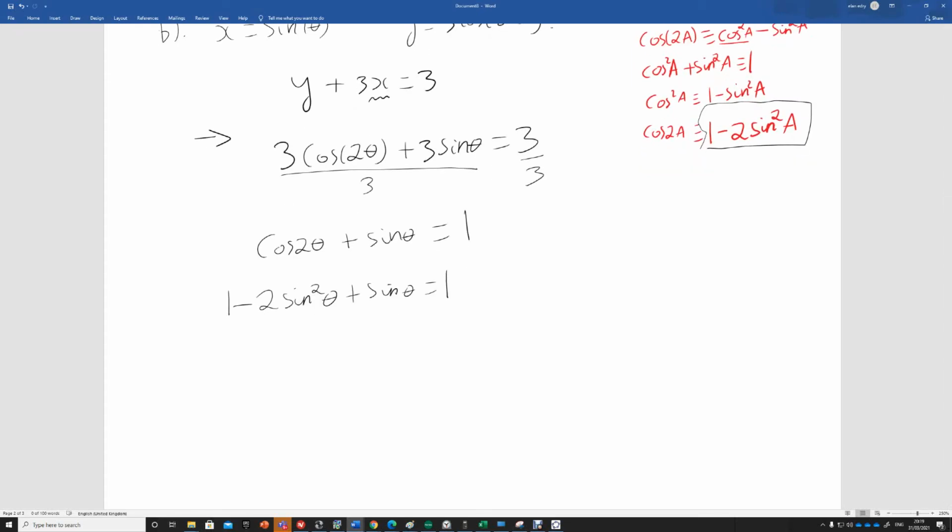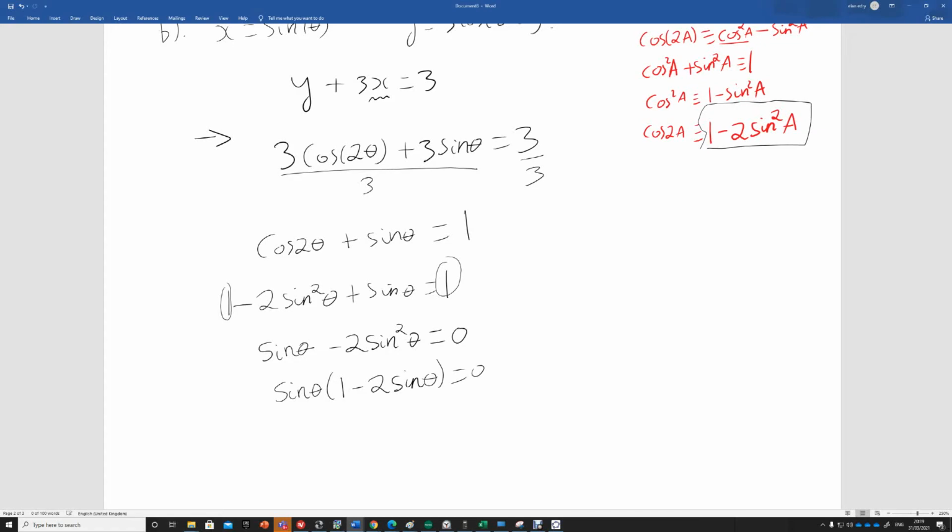What I can do now is subtract 1 from both sides. So I simply have sine theta minus 2 sine squared theta is equal to 0. I've just taken away 1 from both sides. Finally, I can now take out a factor of sine theta, giving me sine theta times (1 minus 2 sine theta) is 0.